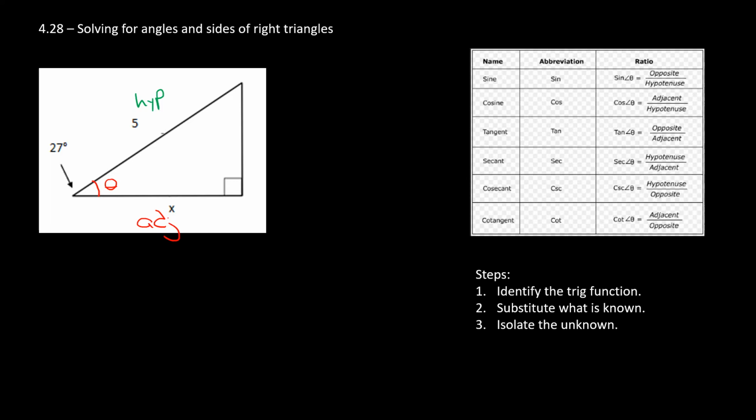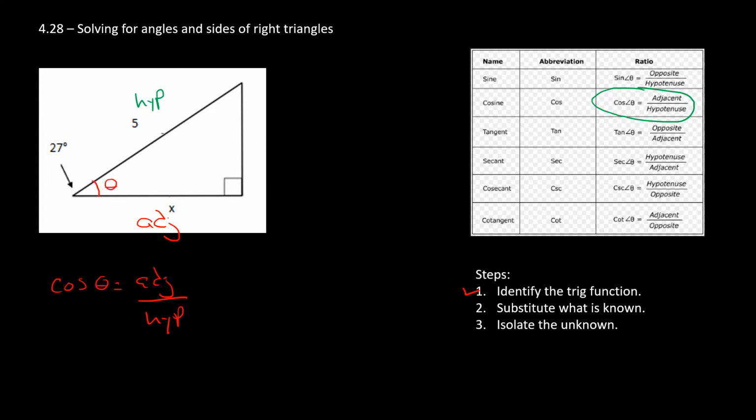I'm looking for something that says adjacent and hypotenuse. Oh, look at that. Cosine of theta is adjacent over hypotenuse. So we can identify our trig function as cosine theta equals adjacent over hypotenuse.